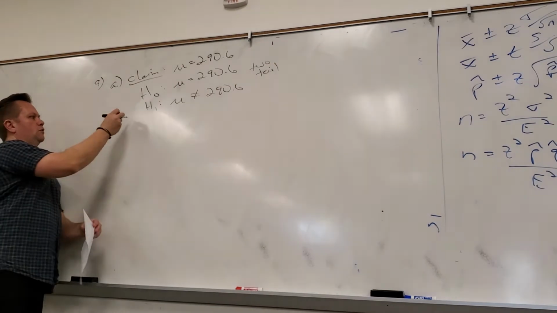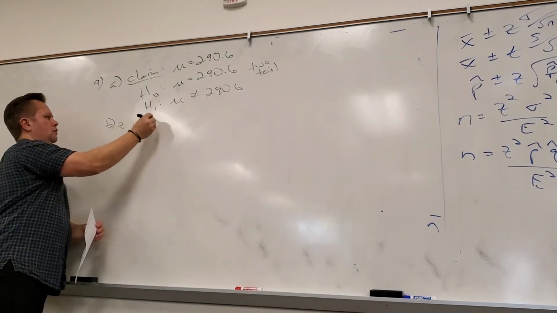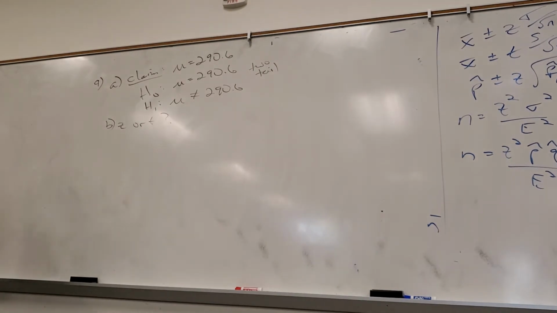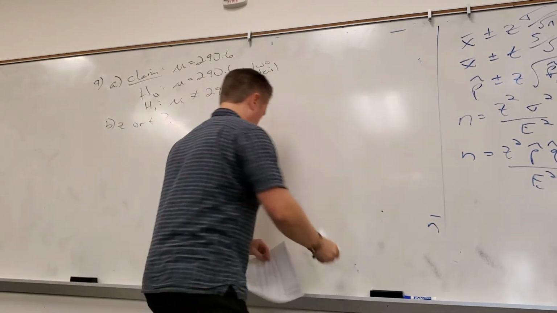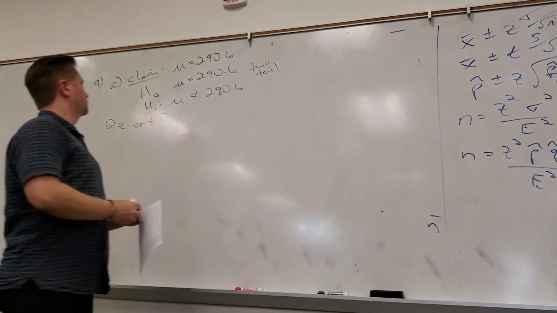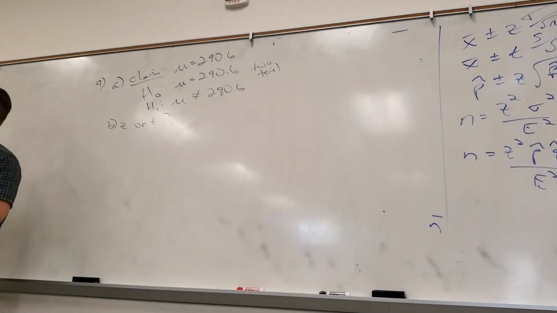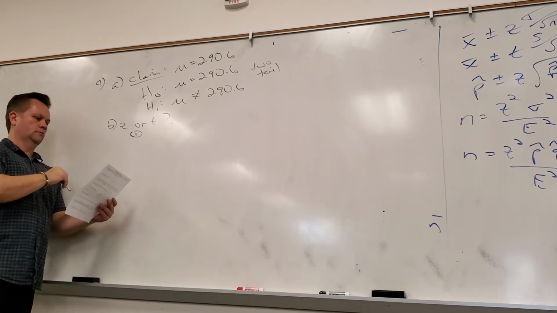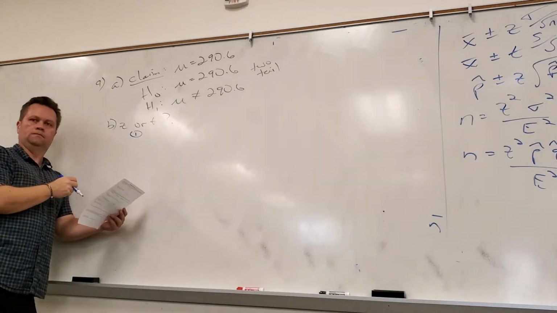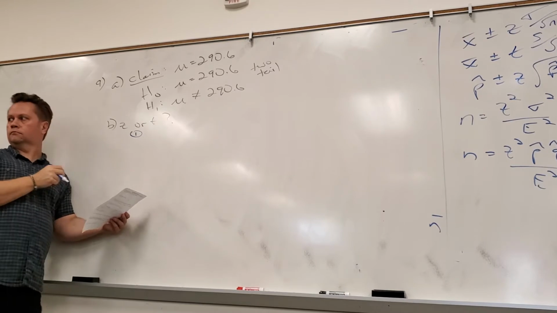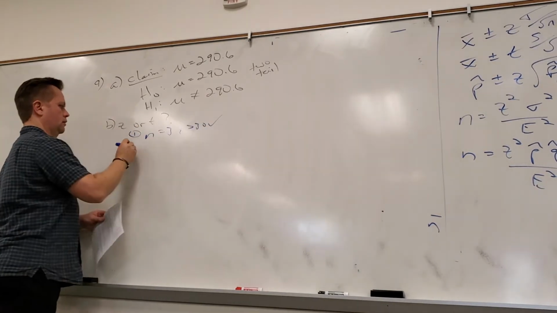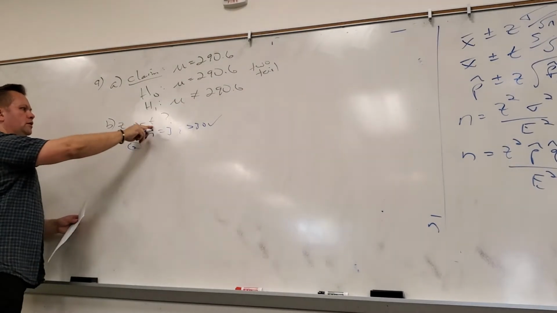Where am I? Oh, so what can I use, Z or T? Or nothing? Why do I have to use a t-score? Why can't I do something? Yeah, n is 37, greater than 30. Check. Now which one do I have to use?